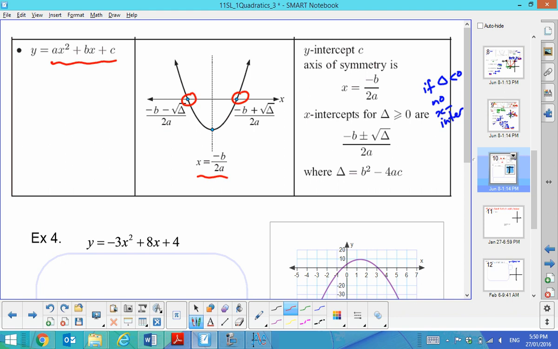The y-intercept is at c. Axis of symmetry we've talked about. If our discriminant is 0 or positive, then we can come out with our x-intercepts, where our discriminant is b squared minus 4ac. Remember, if our discriminant is less than 0, we don't get any x-intercepts.